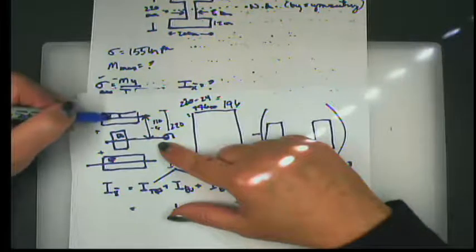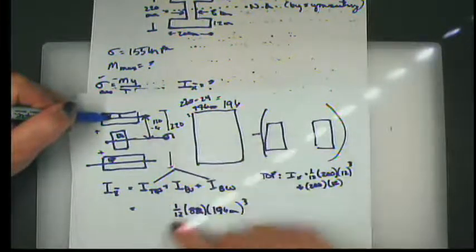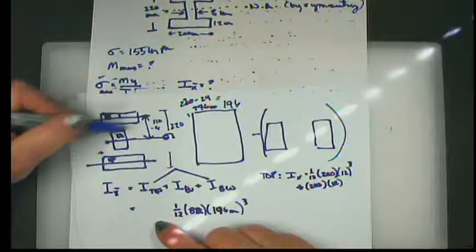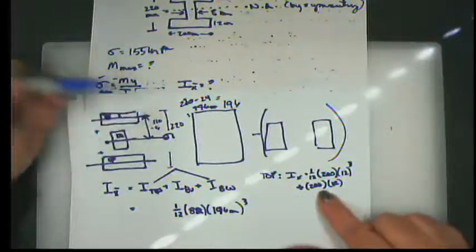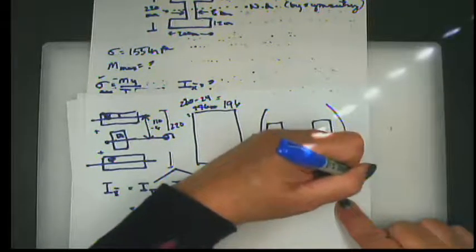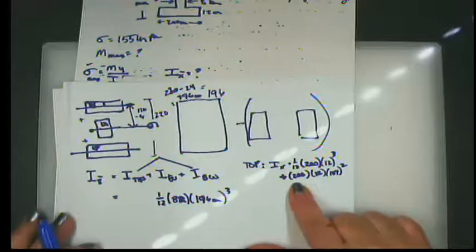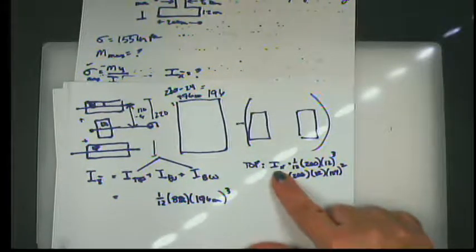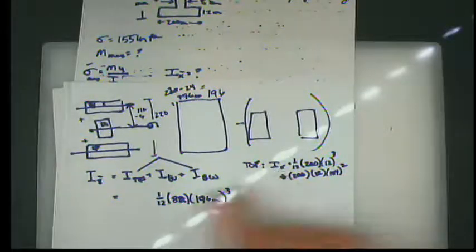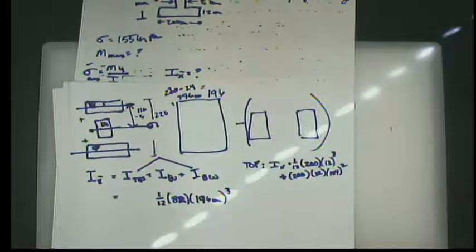So the distance from the neutral axis of the top piece to the neutral axis of the entire object is 110 minus 6, or 104 millimeters. So here I've used the parallel axis theorem to find the moment of inertia of this top piece about the neutral axis of the entire object.